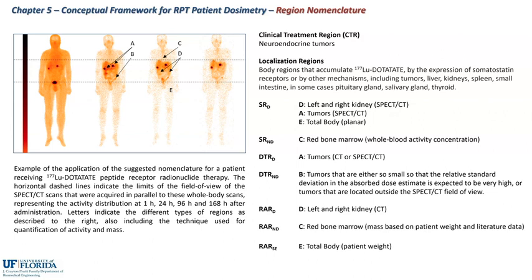And then here you see the list of source regions, delineable, non-delineable, dosimetric treatment regions, delineable, non-delineable, and the regions at risk, delineable and non-delineable, as well as for stochastic effects.